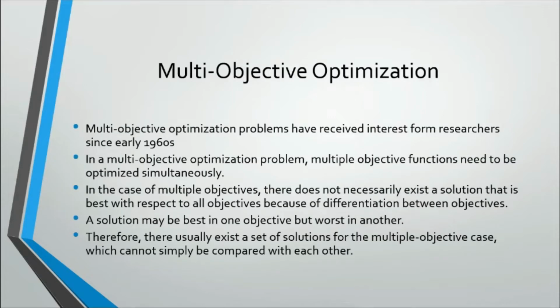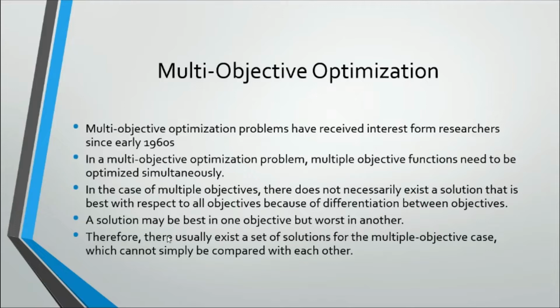The multi-objective optimization problem started in the early 1960s. Till then, multi-objective optimization problems were not much explored, but in the 1960s they received interest from researchers, and thus the researchers started to explore the possibilities of multi-objective optimization problems.